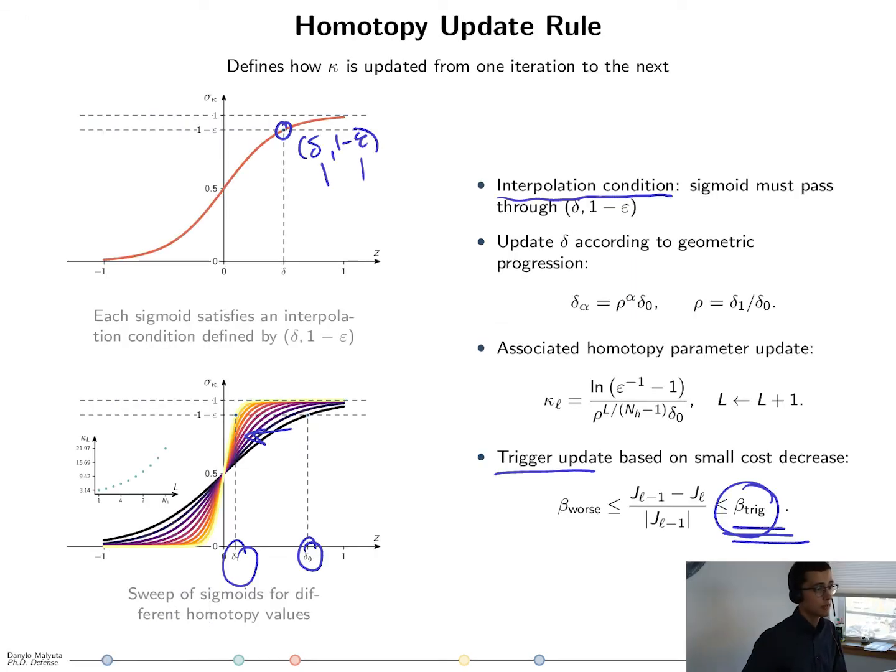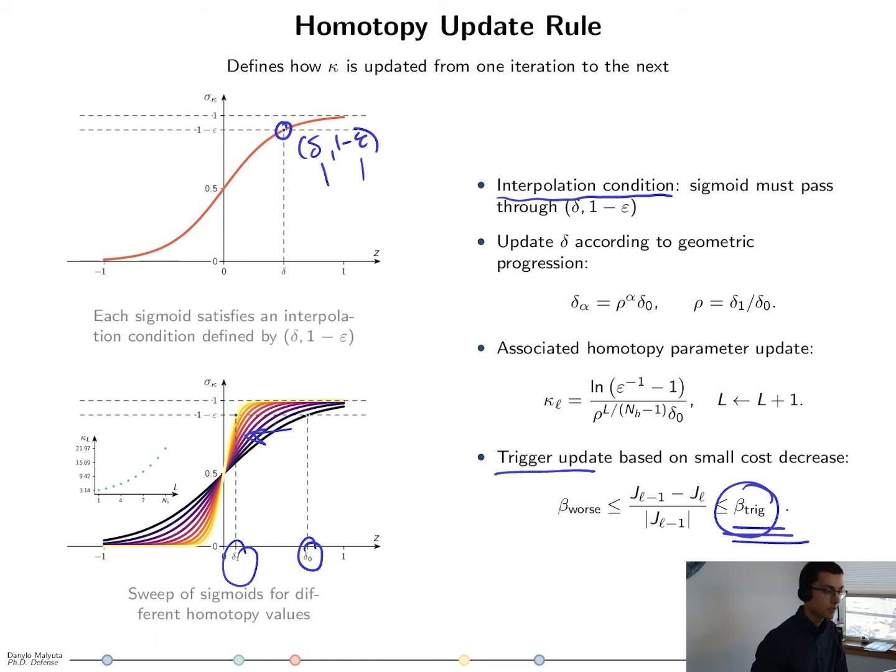So what does this discrete decision logic look like? Let's begin with the update trigger. When we obtain a new reference solution from this single iteration, we look at how much the cost that we are optimizing decreased by.